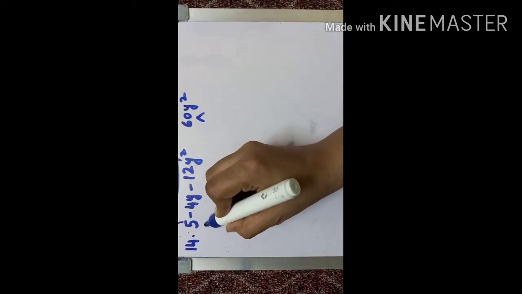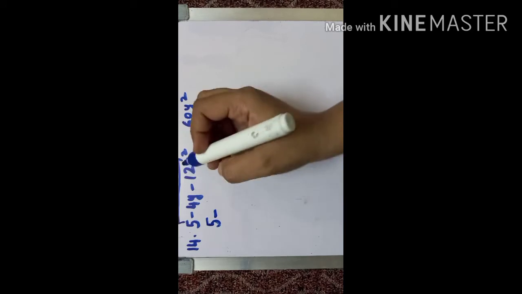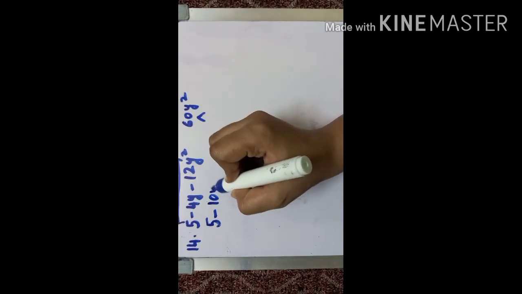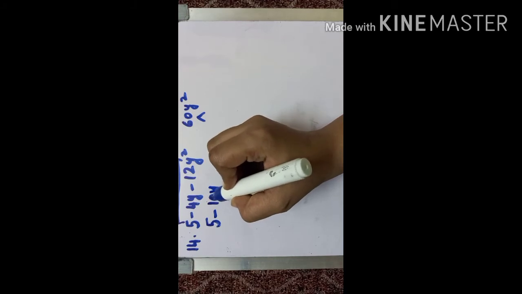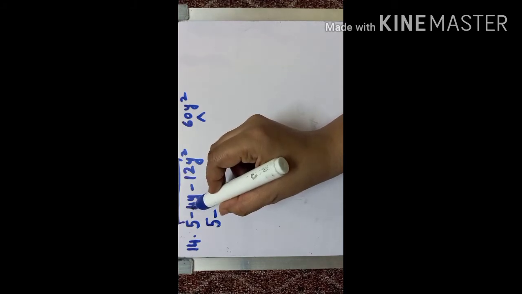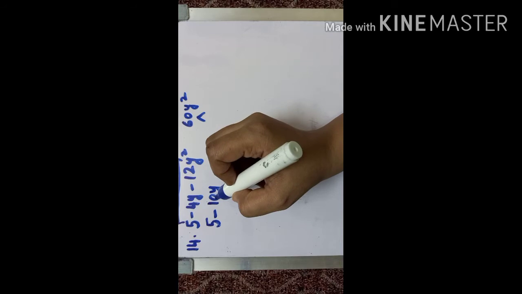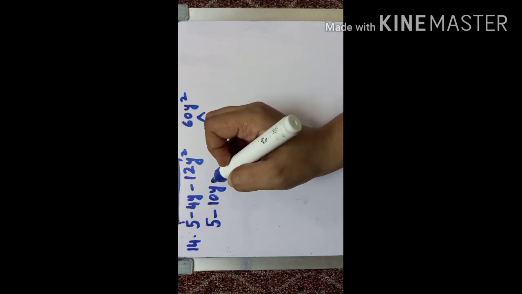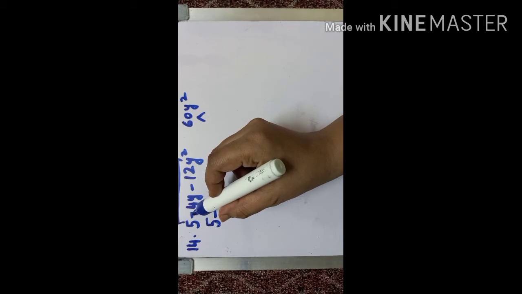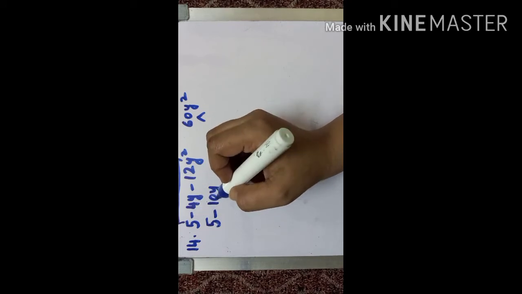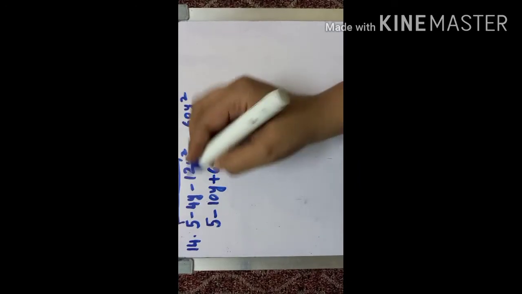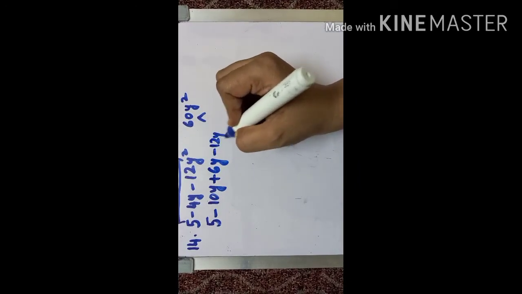Because the answer is minus, the bigger number you should take minus value. 10 minus 6 you would have done if plus 4 were there, but here minus 4 is there, so minus 10 plus 6 you have to do, plus 6y, then minus 12y square as it is.